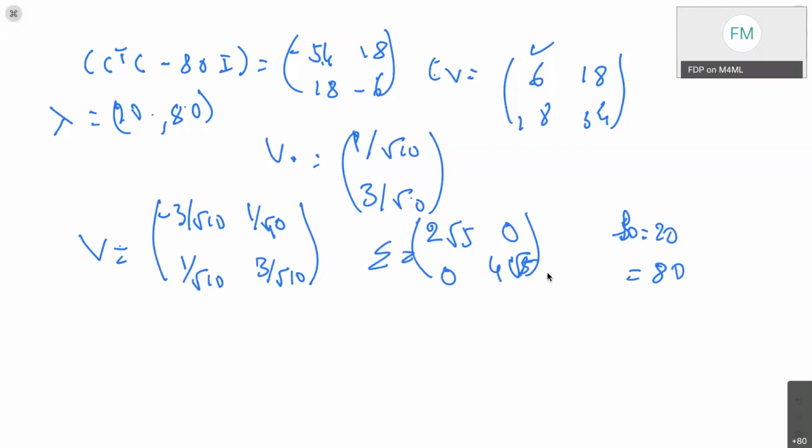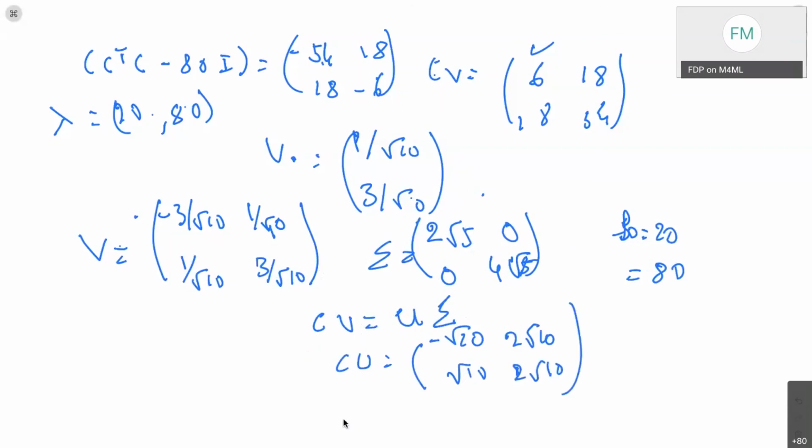Now, since we have V and sigma, we have to find U. So CV is equal to U sigma. Substituting these values, we'll get CV equal to minus root 10, 2 root 10, root 10, and 2 root 10.